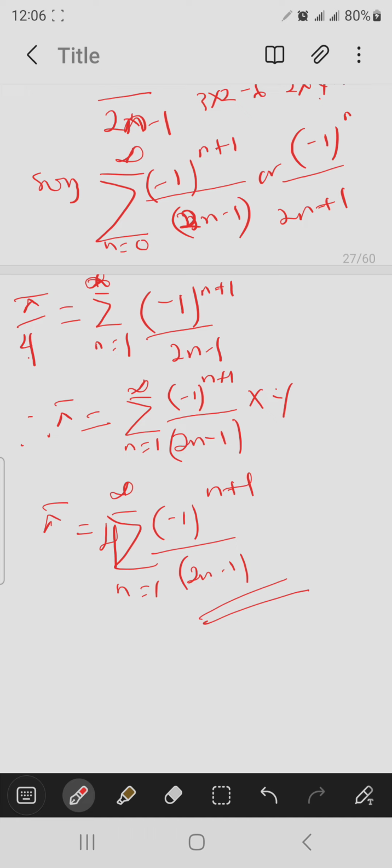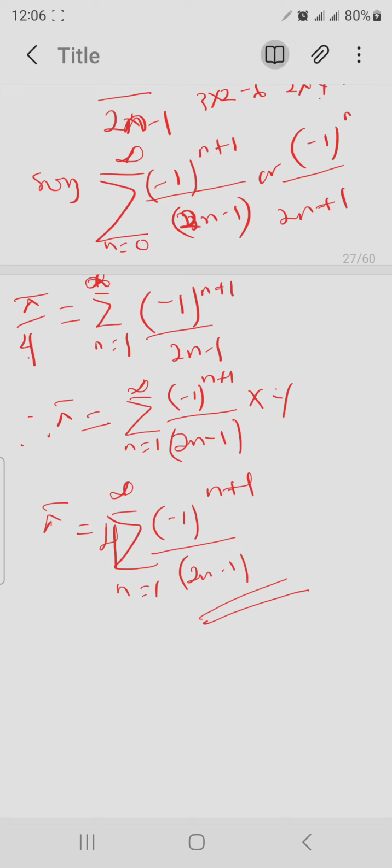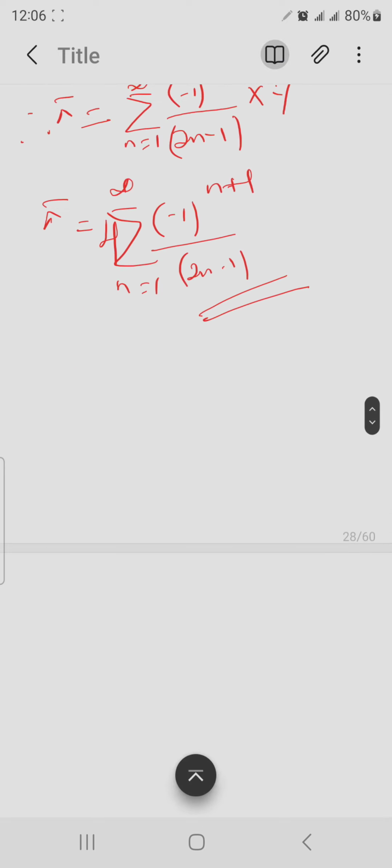And one more thing I want you to understand is that you can be told to find the sequence, the sum corresponding to the Maclaurin series of arctan x. It is possible to tell you that. So if I want to give you an interpretation for that, it is going to be in this form.